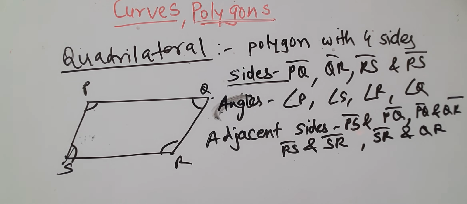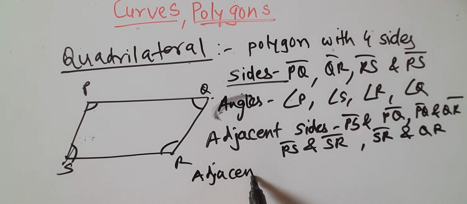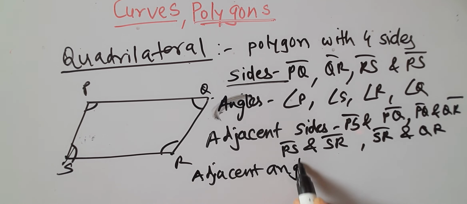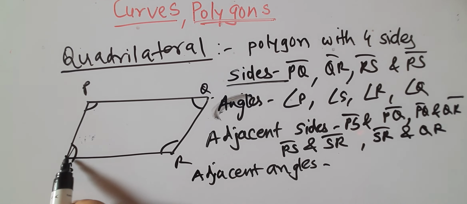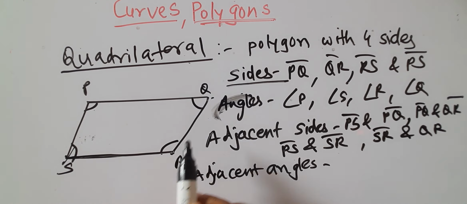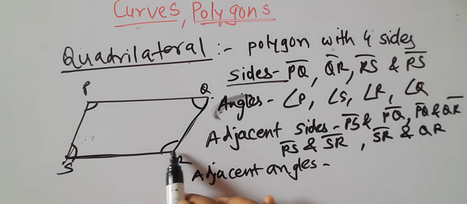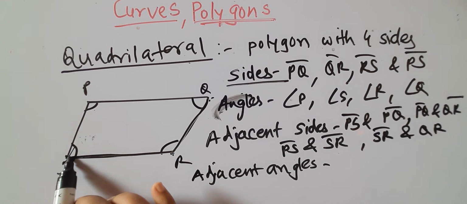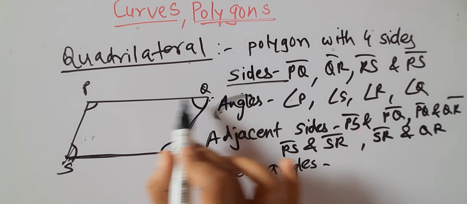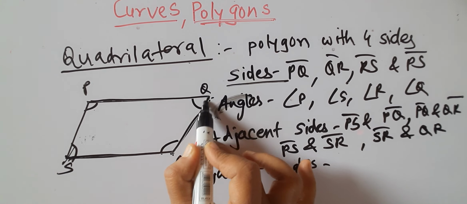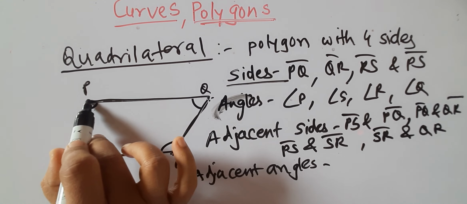Now adjacent angles. Similarly to adjacent sides, we have adjacent angles. What are adjacent angles? Adjacent angles are angles with a common side. If I take the angle R, it is QRS, and for angle Q, it is RQP.